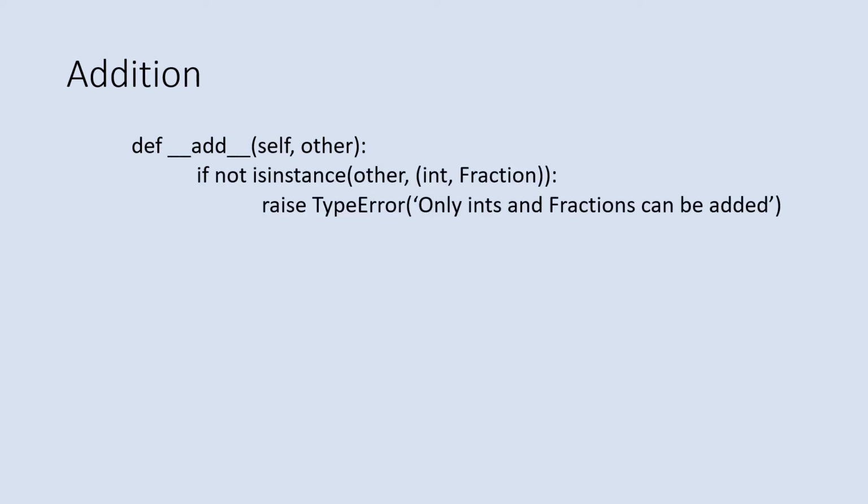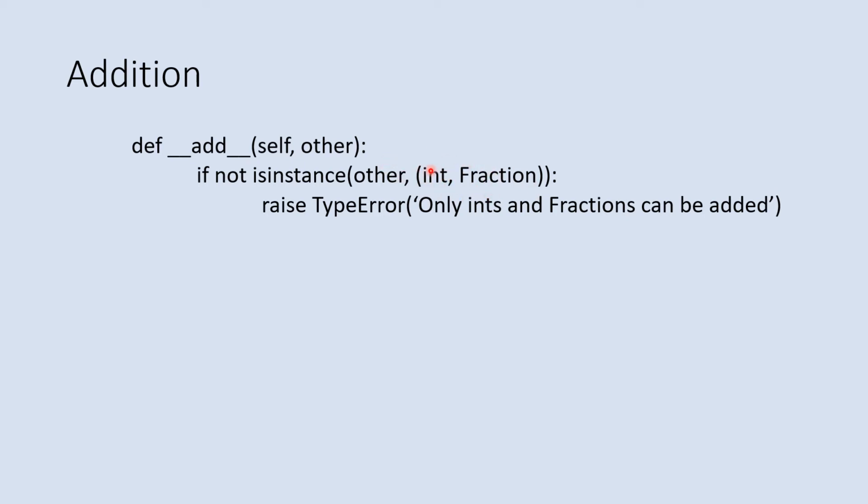So we want to look at this and say, okay, well, if the other thing is not an integer or a fraction, in this case, what we're able to do is use not isInstance. isInstance is going to check to see whether other is a member of either of these data types.